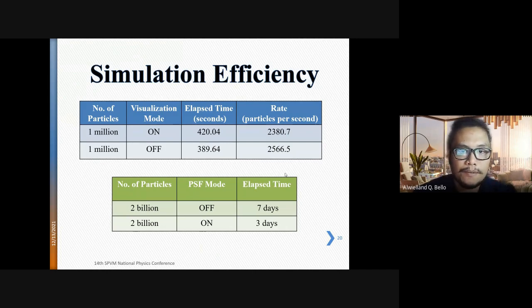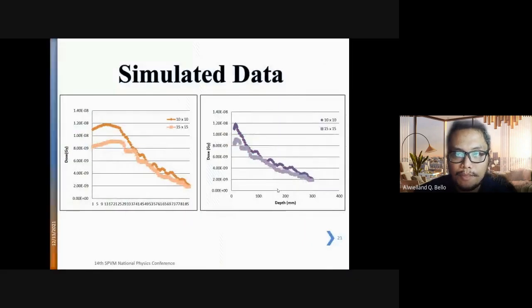But when the visualization is off, the elapsed time is 389.64 seconds and there are 2,566.5 particles per second. So this is the graph for the simulated data, dose versus the depth.